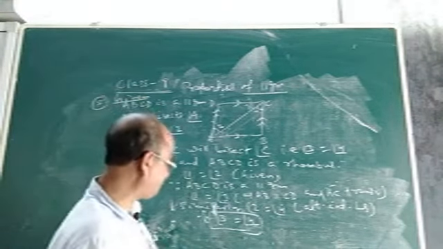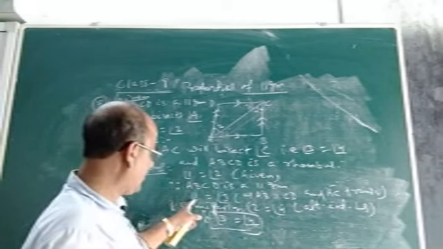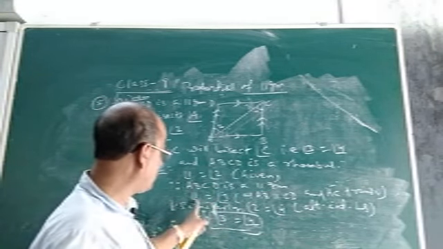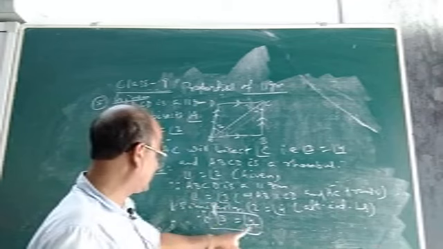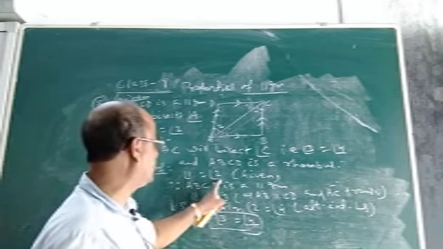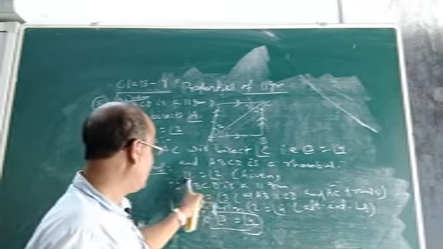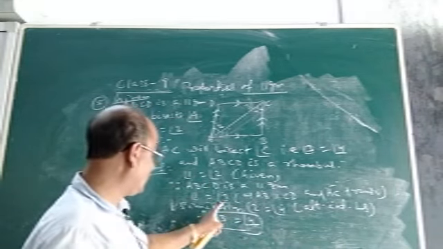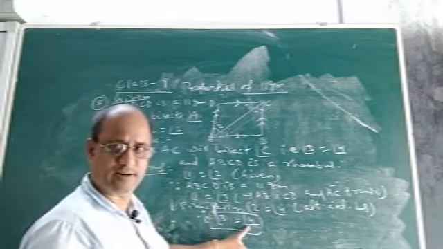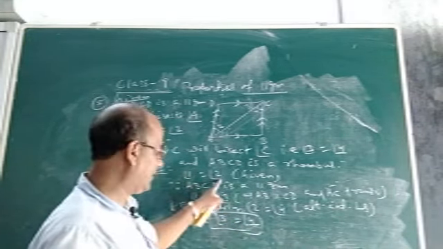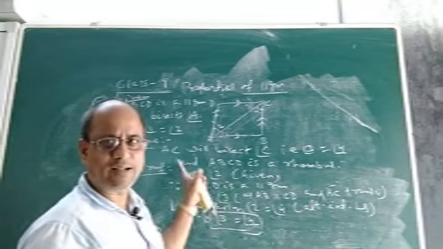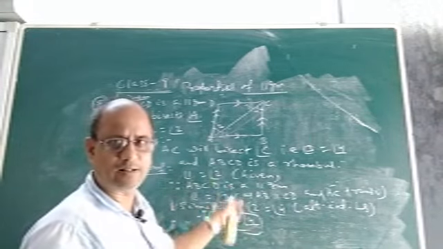Very simple. See children, here we have got angle 1 equals angle 3, angle 3 equals angle 4, and angle 1 equals angle 2. So from this we can say that angle 1 equals angle 2 equals angle 3 equals angle 4.